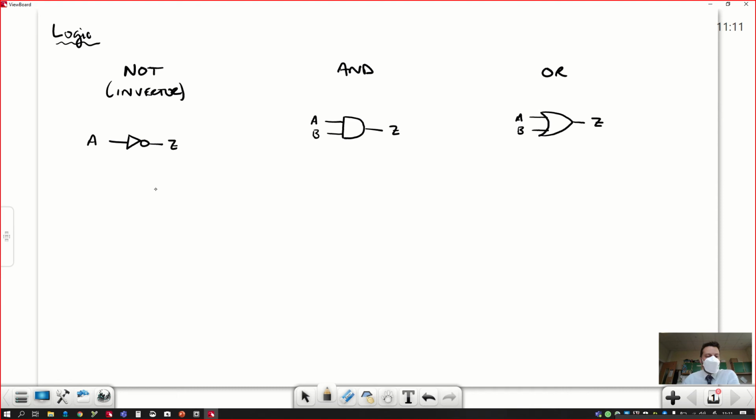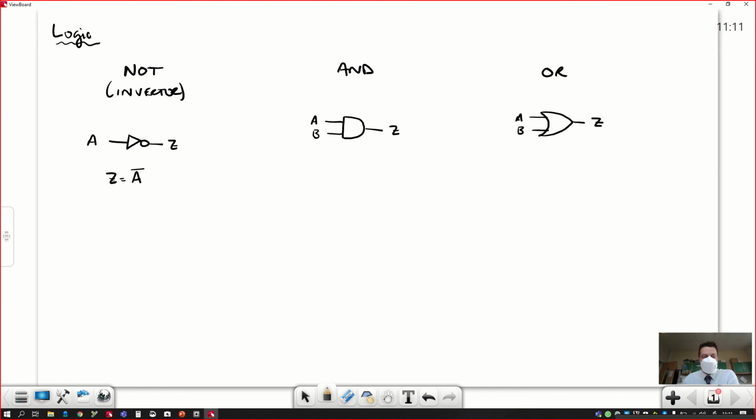You need to be able to write the Boolean term for these. You need to be able to write it down. It's helpful to be able to say it as well. So if I was describing this, how would I vocalise this? I would say that Z equals not A, and I would write it like that.